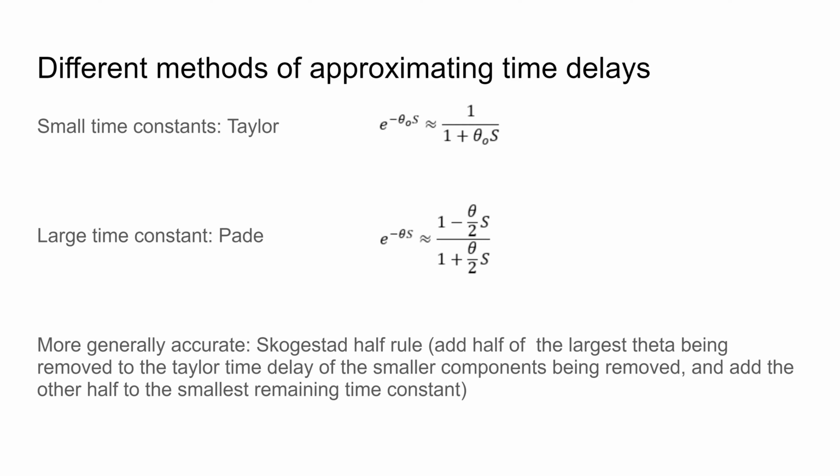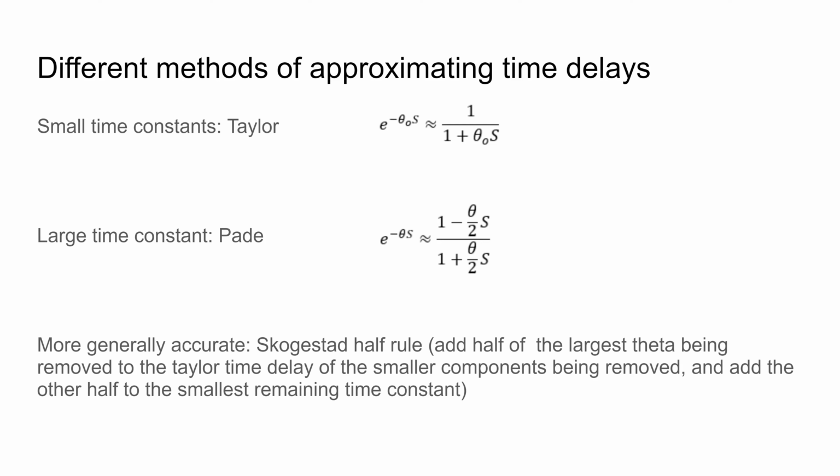This e to the negative theta naught s can simply be multiplied onto the existing transfer function of your process, and that can help to model the time delay of your process.